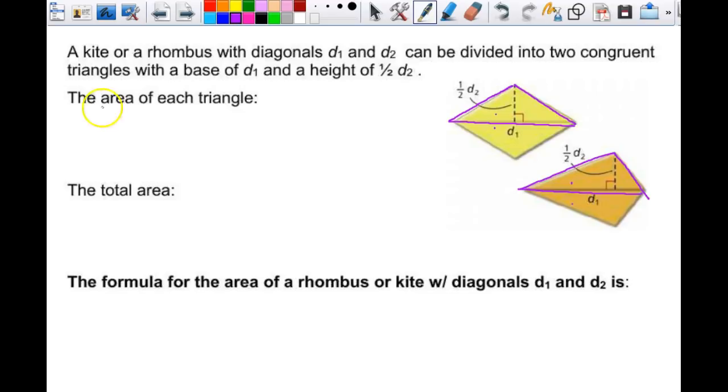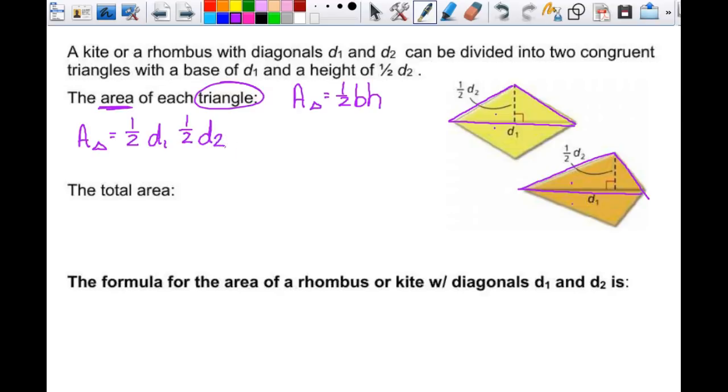So we're going to start by finding the area of each triangle, which is equal to 1/2 base times height. The base of the triangle is represented by what? D1. And what is the height represented by? 1/2 D2.